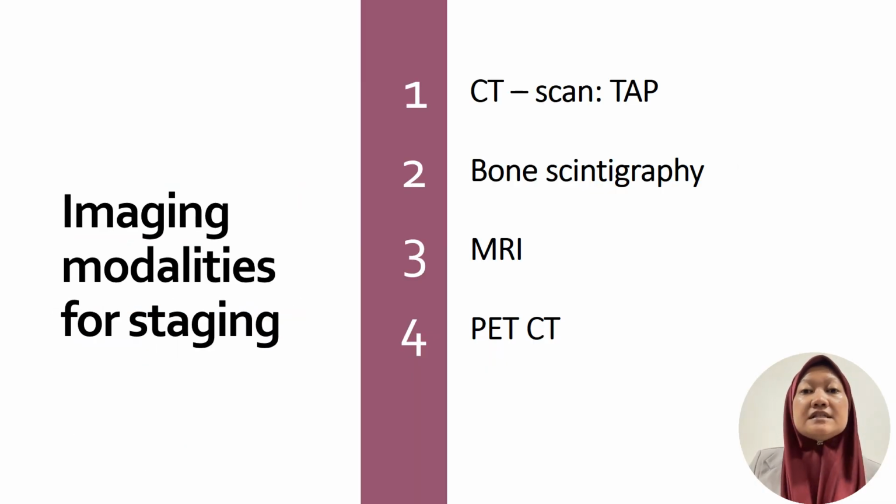This may include a CT scan, for example, of the thorax, abdomen, and pelvis, MRI of the spine, or bone scan to check for distant metastasis and ensure comprehensive staging. By integrating imaging into the triple assessment, we enhance our ability to inform decisions regarding the patient's diagnosis and what will be the subsequent treatment plan.